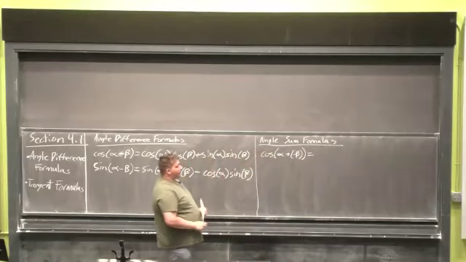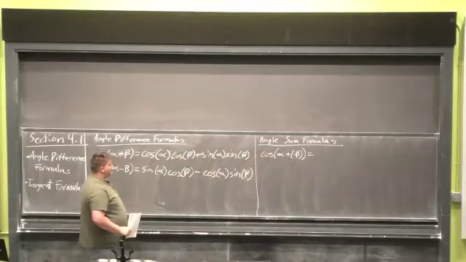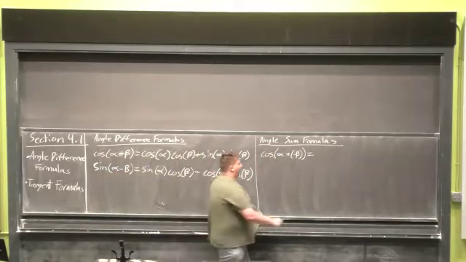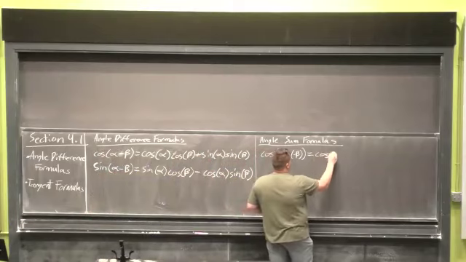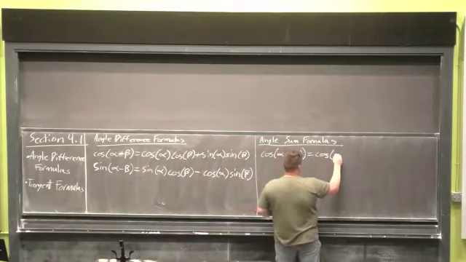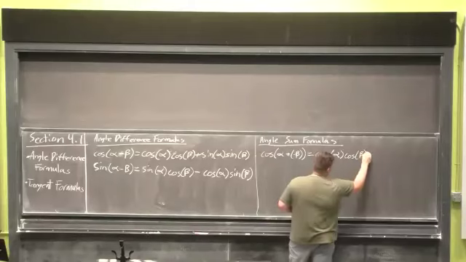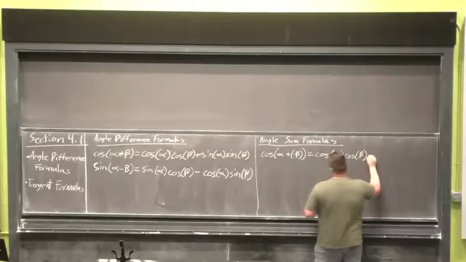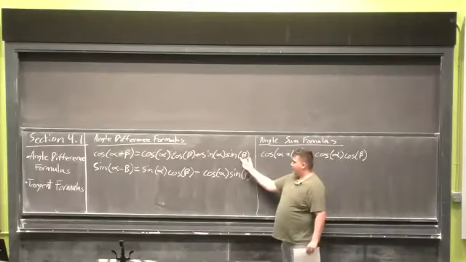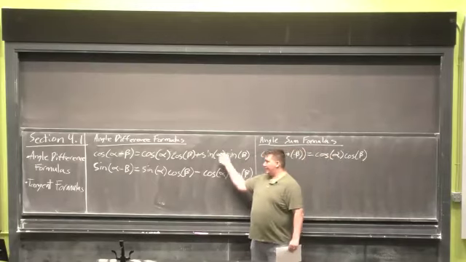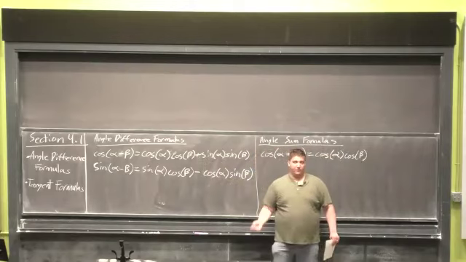And when I view it in this kind of context, a negative beta here is just going to be positive. So we're still going to have cosine of alpha times cosine of beta. But then if I had a negative beta here, I could make it positive by taking the negative to the outside because sine is an odd function.